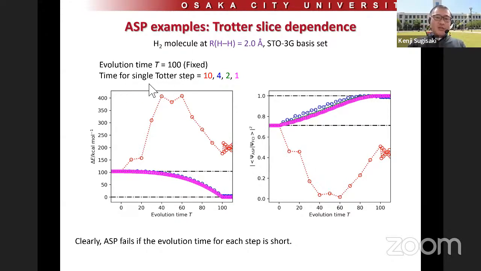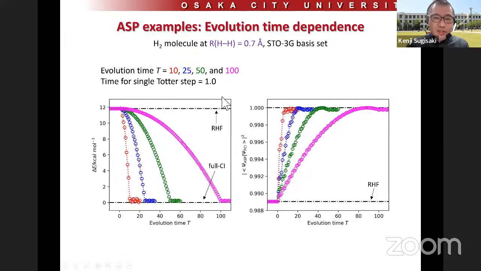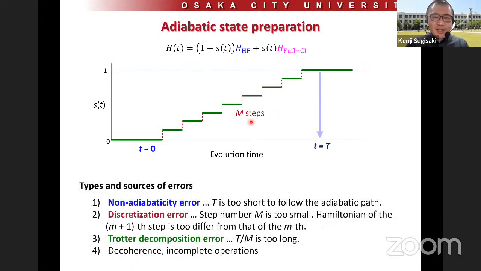So if the time for a Trotter step is very large, in this case, this corresponds to m steps equal 10. So we divide the adiabatic evolution into 10 steps. In this case, the total evolution time is fixed at 100.